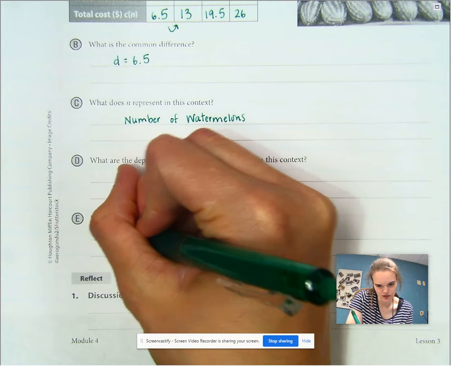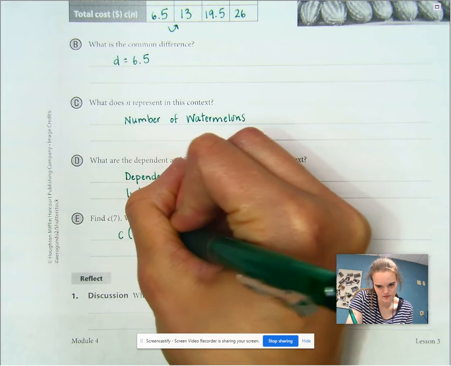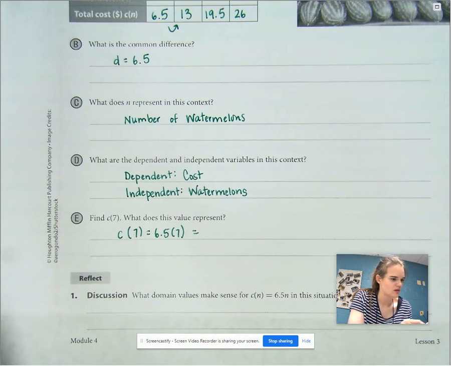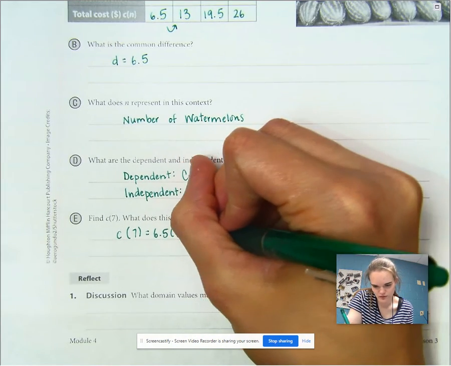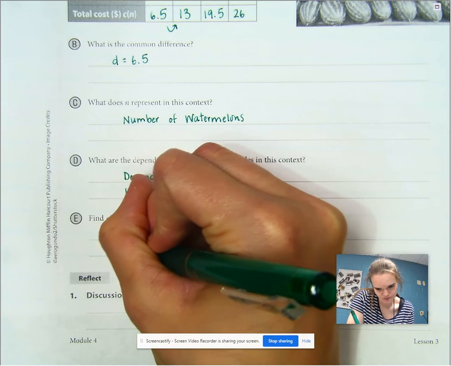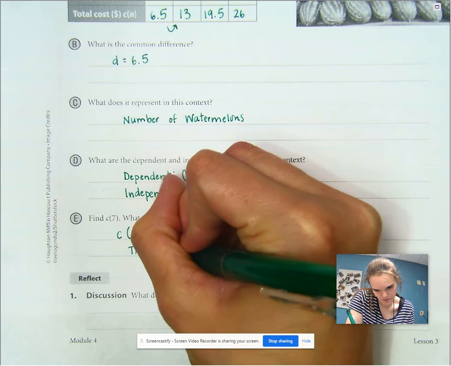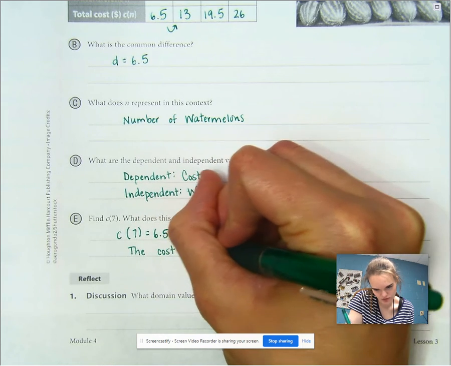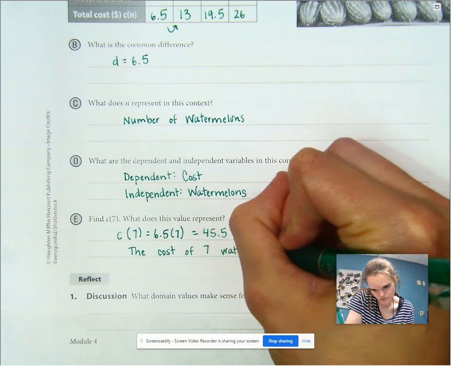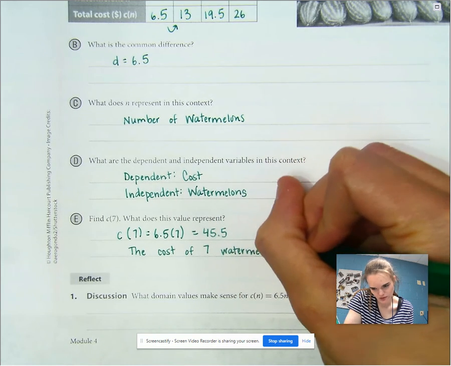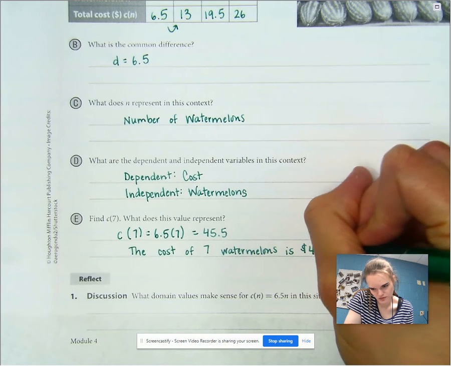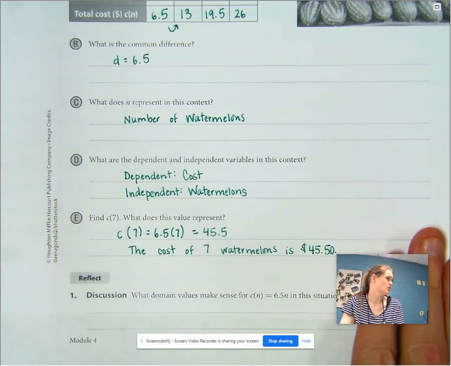So C of 7 equals 6.5 times 7, and that is 45.5. That means the cost of 7 watermelons is $45.50. Some off-season watermelons.